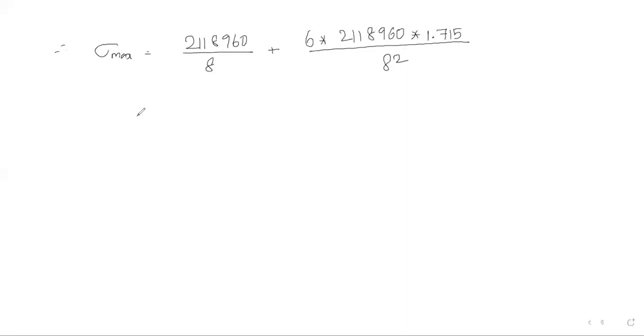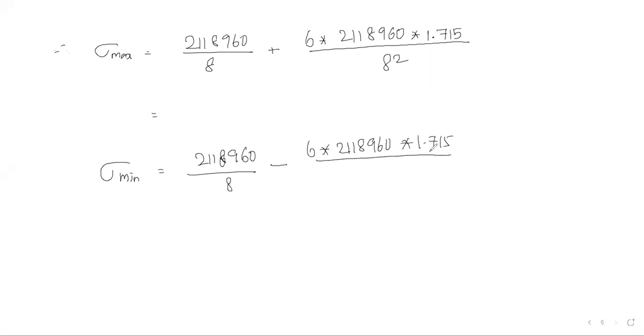Okay. Therefore, sigma max is equal to 2118960 divided by B, 8 meter, plus 6 into 2118960 into eccentricity 1.715 meters divided by B square. Similarly, sigma minimum is equal to 2118960 divided by 8 minus 6 into 2118960 into 1.715 by 8 square.